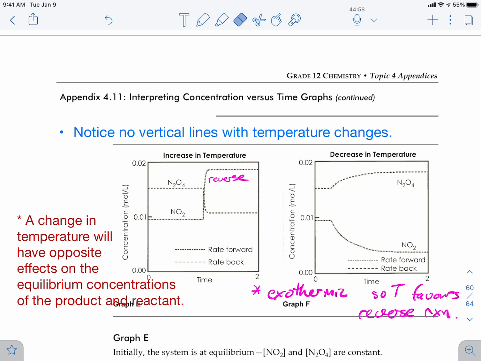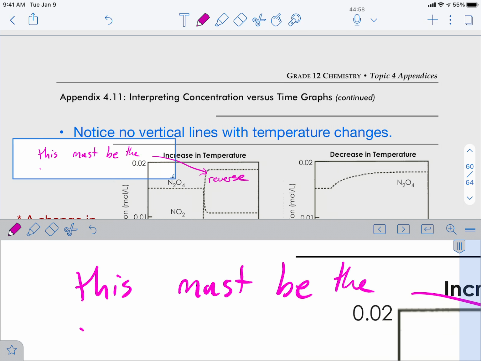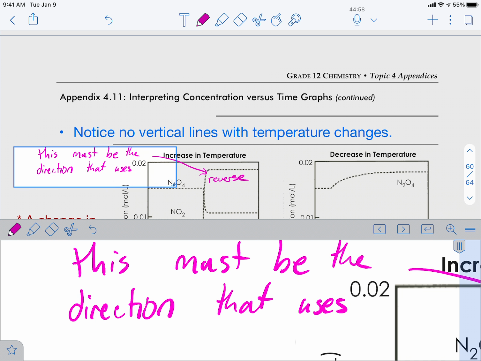So here we see that NO2 is increasing under increased temperature. That means that NO2 is the side that's using the energy. So this curve here tells you that this must be the direction that uses energy.